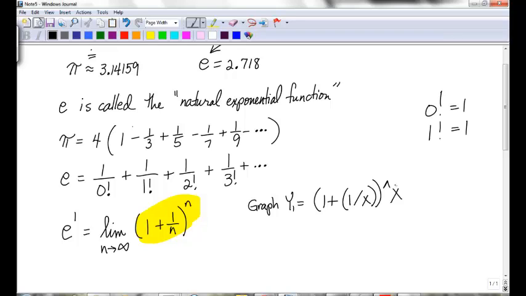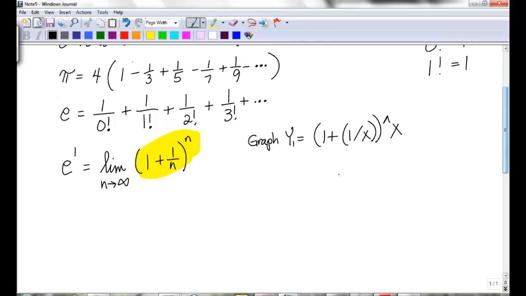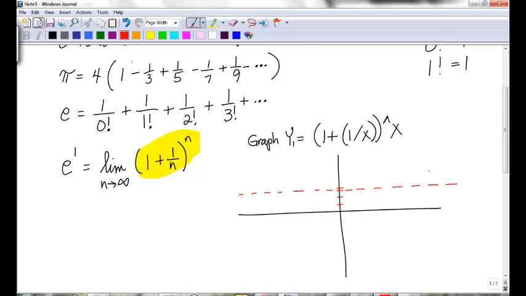Okay. And we want to know what happens as x goes to infinity, as it gets really large or really small in either direction. Do zoom standard, zoom 6. And you should see a little bit less than 3, 2.7.